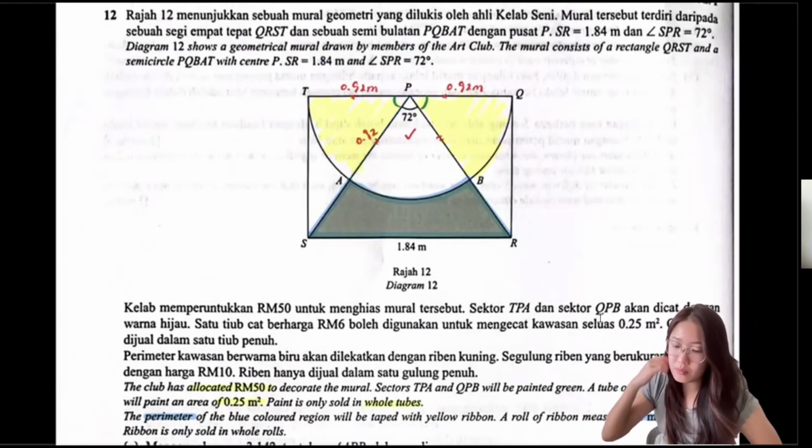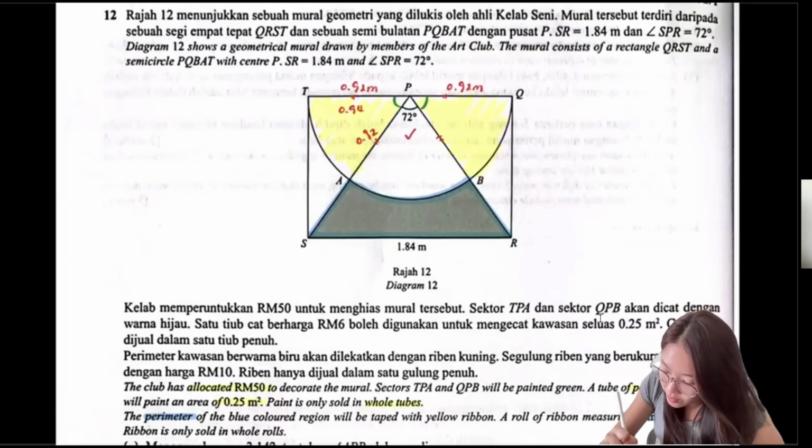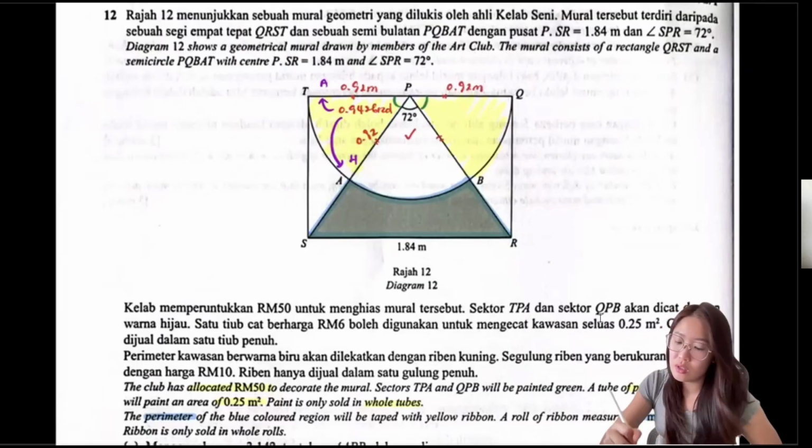Find PS and minus 0.92. Since we already got the angle 0.9426 radian here, what we have is 0.92. This is the adjacent, and your PS is hypotenuse. We can use cos because this is a right angle triangle.